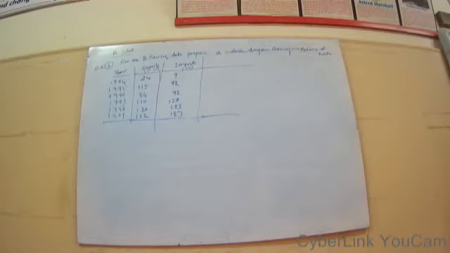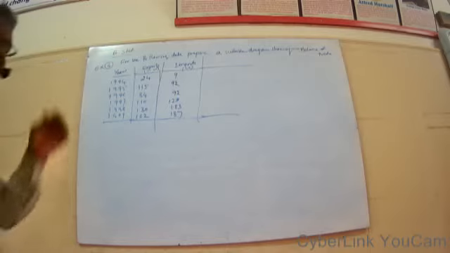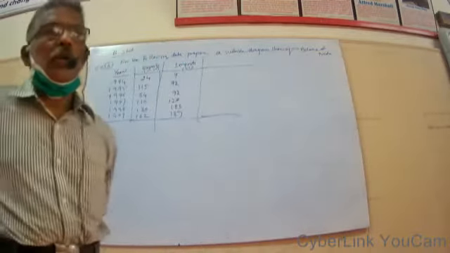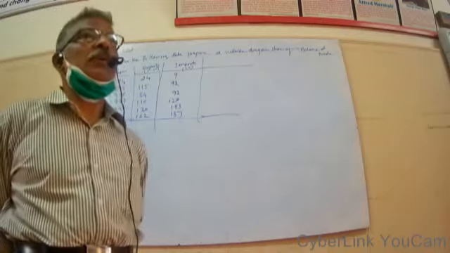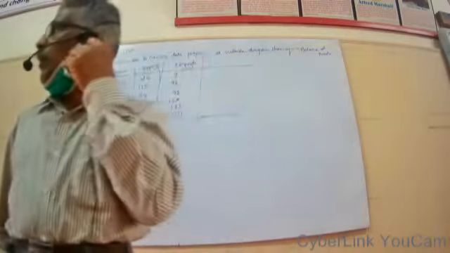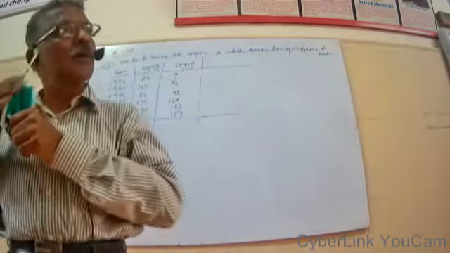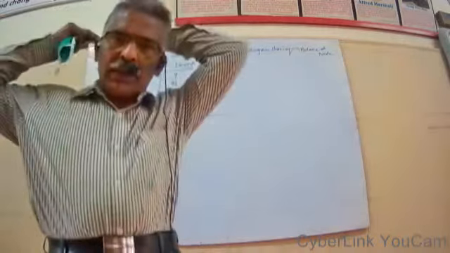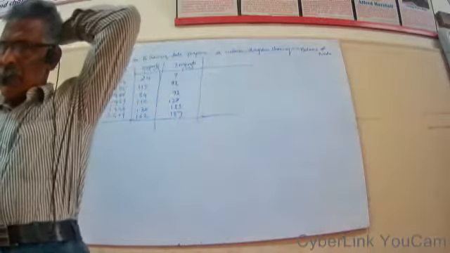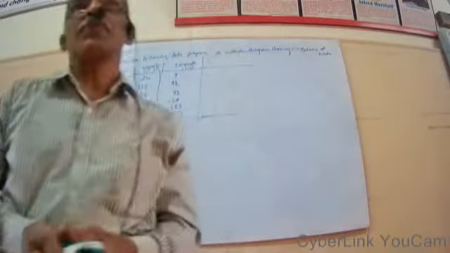A deviation bar diagram is useful for the graphical representation of profit, loss, income, expenditure, net gain, net loss. In such cases, this is very much useful.